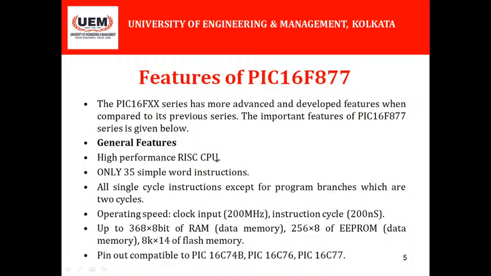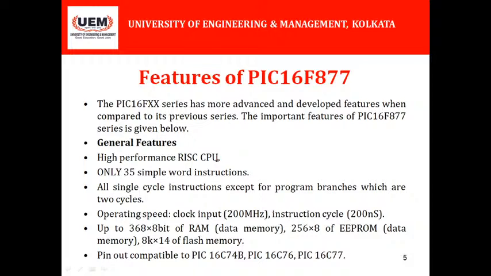I repeat, 368 cross 8 means there are 368 locations and each location is capable of storing 8 bit of data in the RAM. Next, data memory EEPROM.